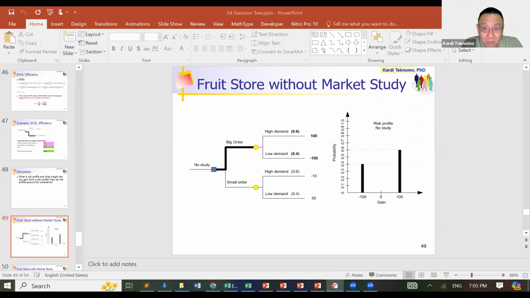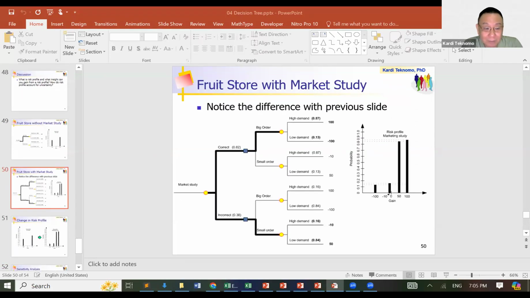Now, when we do conduct a market study, if correct, you choose big order. If incorrect, you choose small order. So these are the values that you plot in the risk profile.